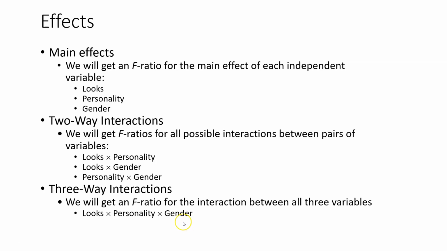And if that is the case, then we have to interpret these other two-way interactions and these main effects with caution, because it's unlikely to be a true full story when you look at just the two-way interactions, because all three of the independent variables depend on each other. All of them influence the behavior of the others when you're looking at how people enjoyed their date, if that were a significant F ratio.